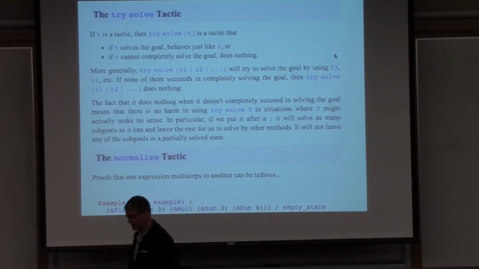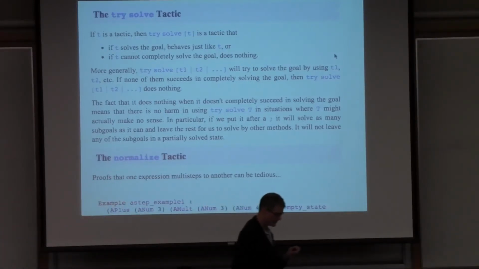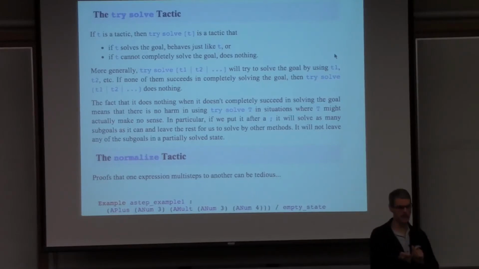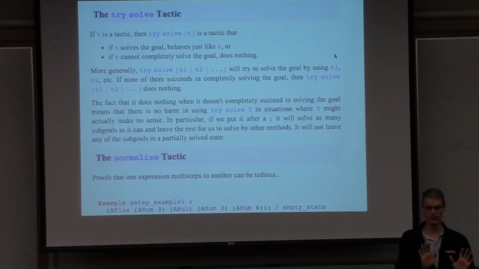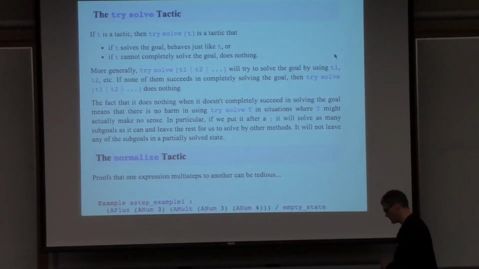Here's another one that doesn't have a speed penalty and is often quite useful. It's a variant of try. So remember, try attempts to use a tactic, and if it fails, doesn't do anything. That is, succeeds and does nothing, rather than failing.